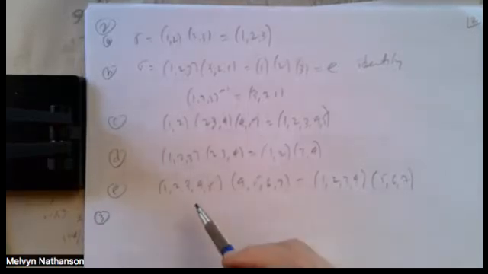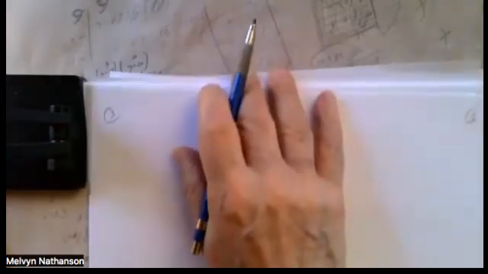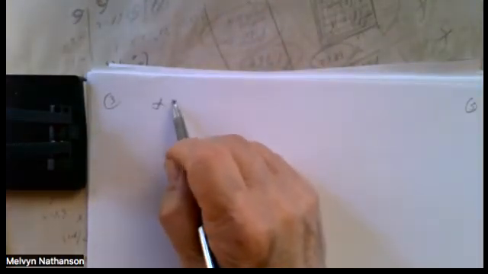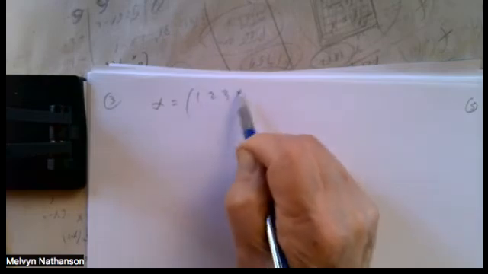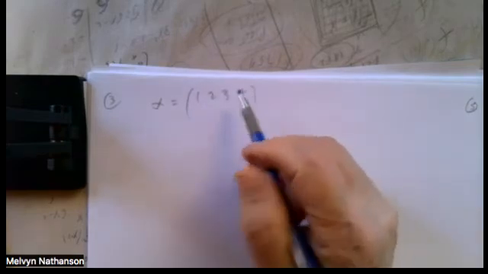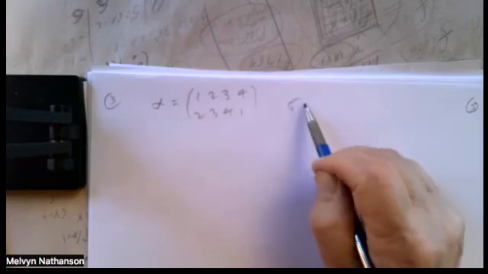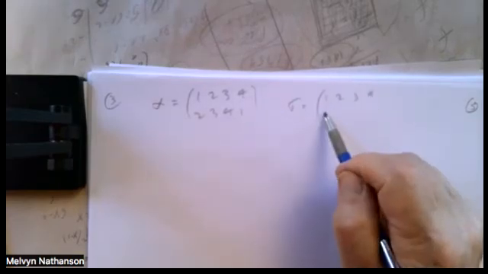Problem 3, we have, let me take a piece of paper. In problem 3, we have the permutation alpha. These are permutations in S4, alpha is 2, 3, 4, 1. And sigma is 3, 4, 1, 2.